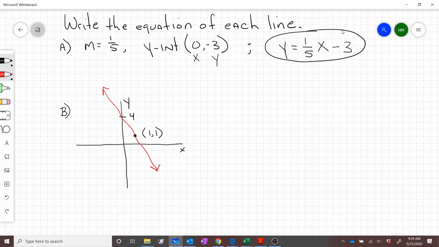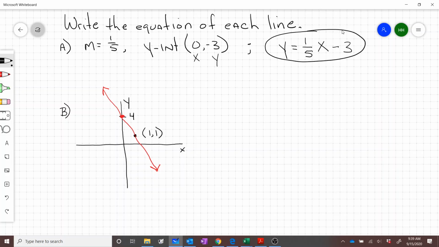All right, we got a line going up and to the left, and it hits the y-axis at +4. You need the equation of the line, so you need the slope and the y-intercept. Well, there's your y-intercept. Your y-intercept is +4.